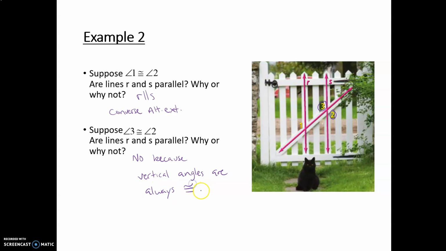That doesn't tell you anything about lines being parallel, and here's a good example. Here's 2 lines that are definitely not parallel, right? Just draw a transversal. If this angle is 50 degrees, the vertical angle will be 50 degrees. So vertical angles are always equal. That does not tell us lines are parallel. Same thing with linear pairs. Linear pairs will always add up to 180. That does not tell us lines are parallel.